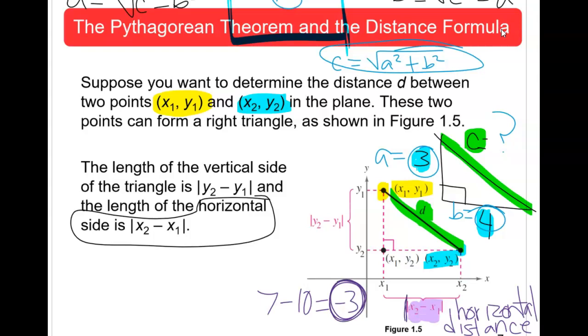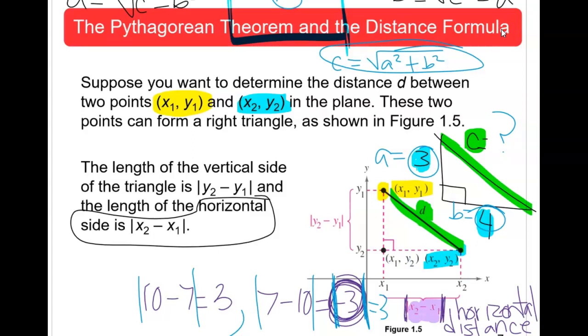That is why we use the absolute value, so that it doesn't matter how you label your points, 7 minus 10 or 10 minus 7. We want a positive number, so the way to make this -3 positive is to use the absolute value of the difference. The absolute value of -3 is +3. So that's an example of why we see the absolute value there.